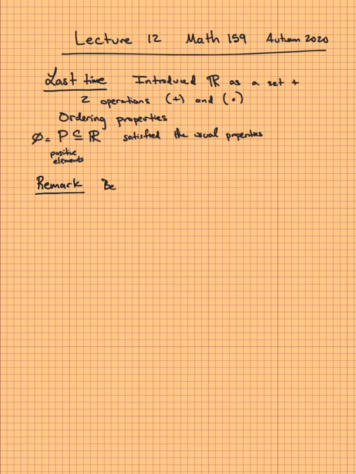Maybe I'll make one remark before we go on. Before we had defined P, the set R and the axioms of addition and multiplication could have been just the set containing two elements.